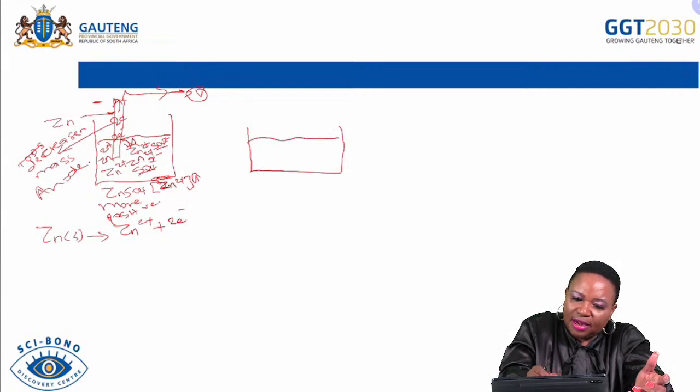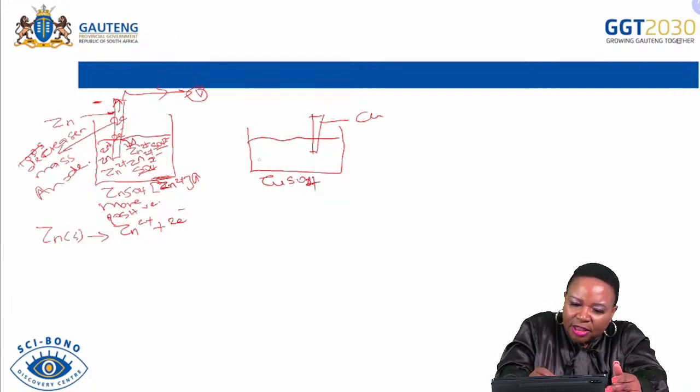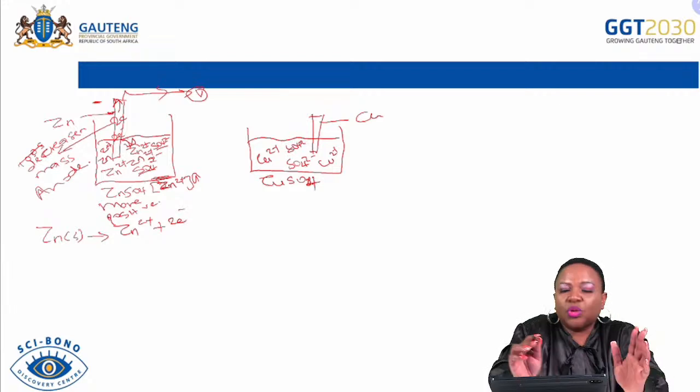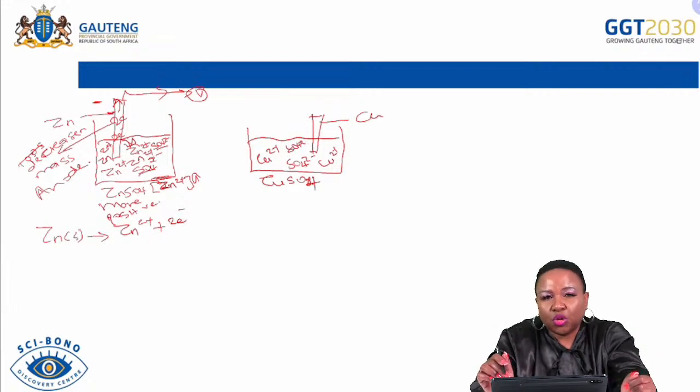And remember, on the reduction side, we have the copper electrode, and then we have the copper sulfate electrolyte. Inside the copper sulfate, we have Cu2+ and SO4 2-, just like when we have Zn2+ and SO4 2-, which is a neutral electrolyte.